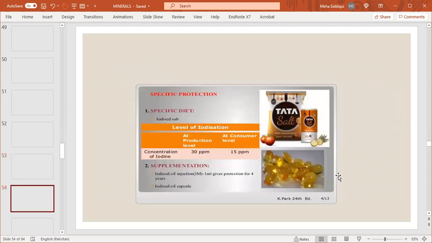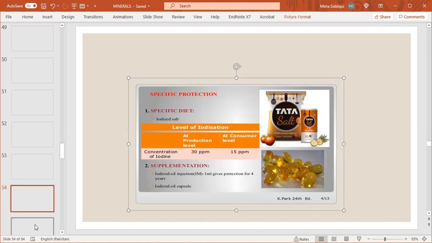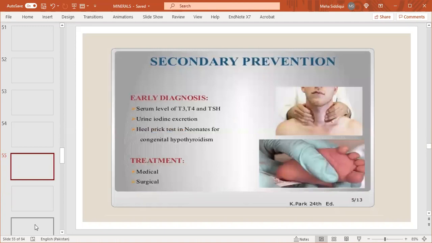Specific protection occurs through a specific diet, that is, the concentration of iodine at the production level should be 30 ppm and at the consumer level 15 ppm. Supplementation: iodized oil injection, where 1 ml gives protection for 4 years, and iodized oil capsules. Secondary prevention occurs through early diagnosis and treatment.